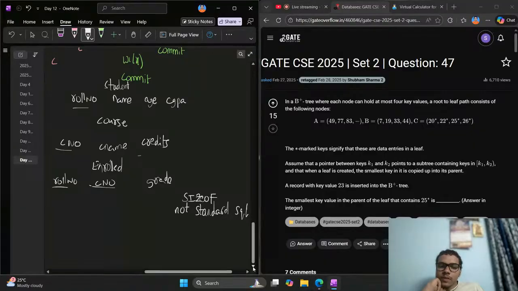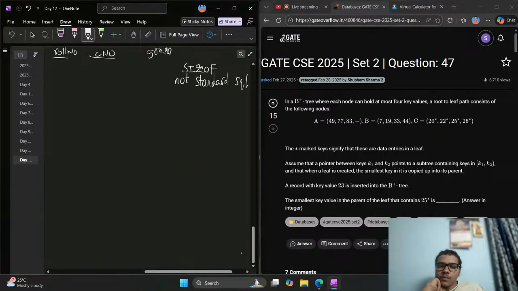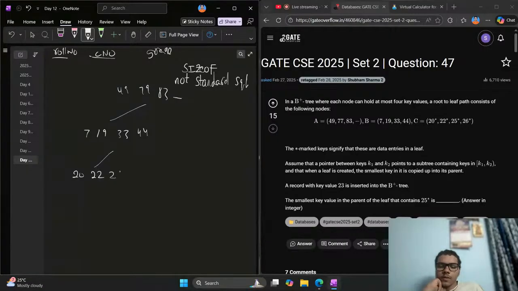Route to leaf path consists of the following nodes. A route to leaf 20, 22, 25, 26.